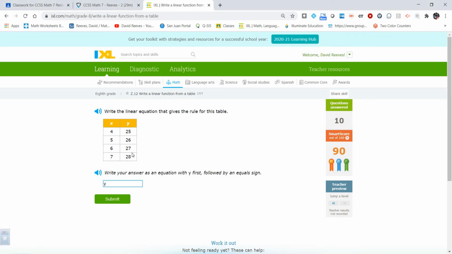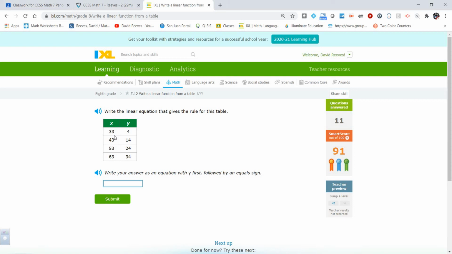I sure can. If I want to know what y is, I can simply take x and add what, boys and girls? What am I adding? I'm adding 21, right? So this is one of those most simple cases where we're just adding. What about this case? Are we subtracting the same thing every time?